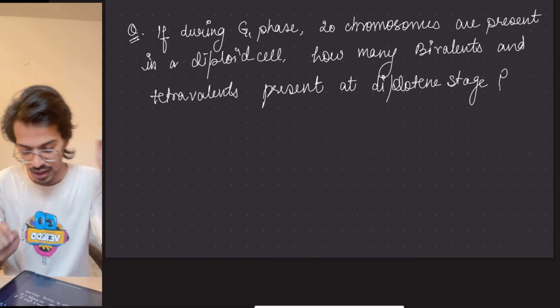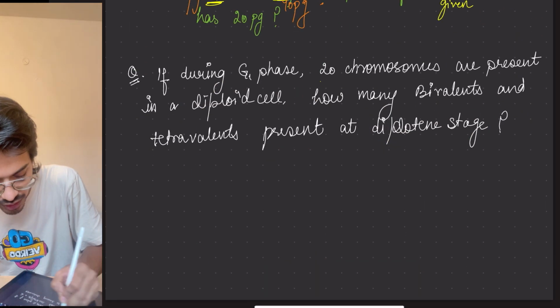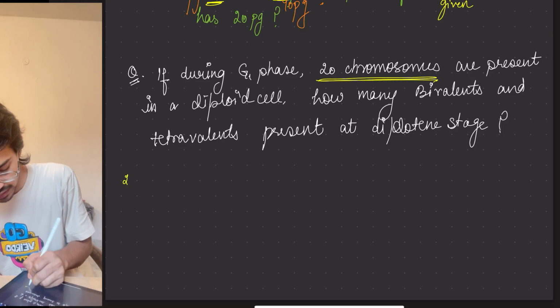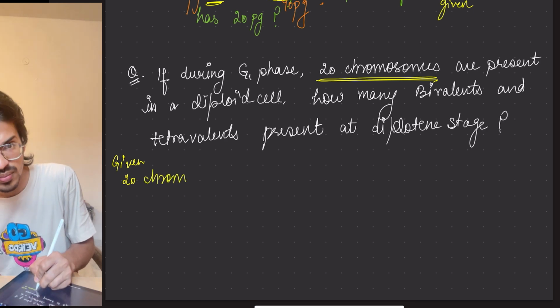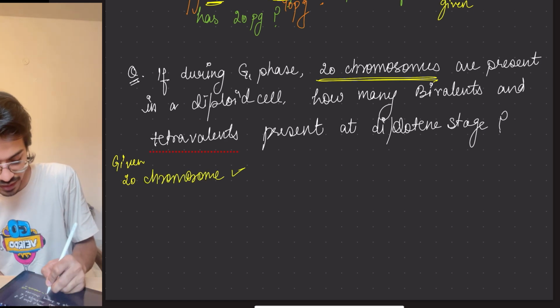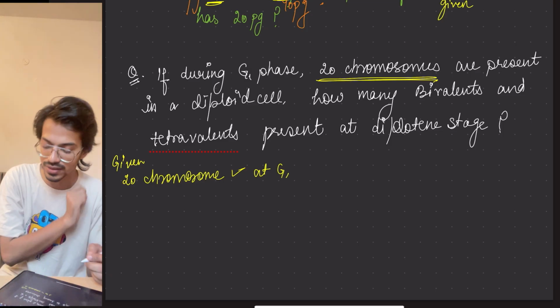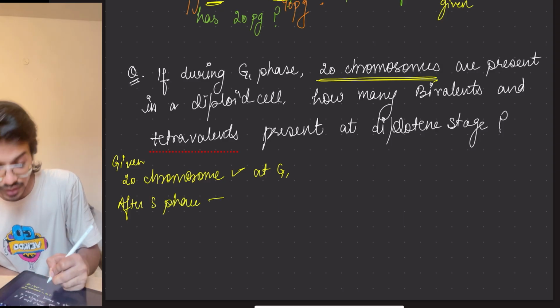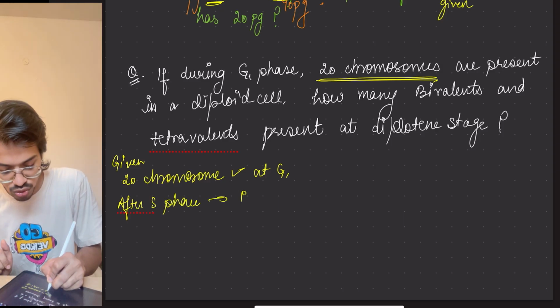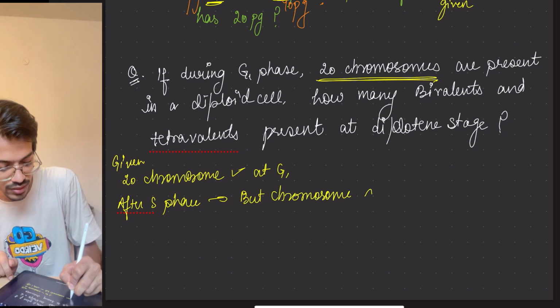The first one. So let's see what will happen. Now at G1 phase we have 20 chromosomes. So given to us is that 20 chromosomes are present at G1. Now we know that after the S phase, the DNA material doubles but the chromosomes remain the same.